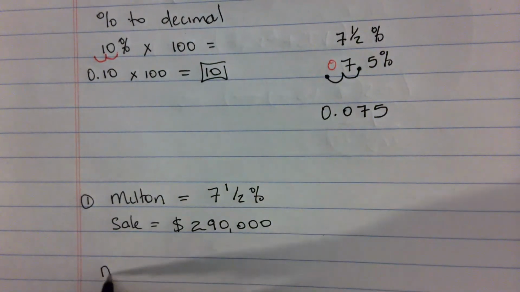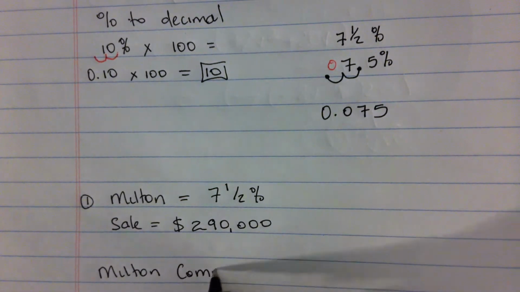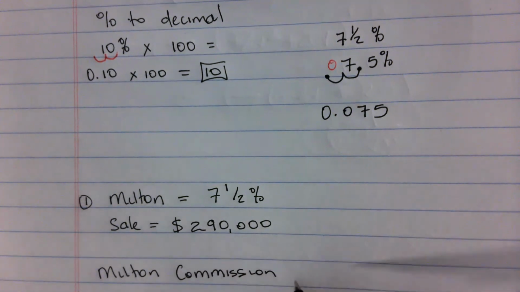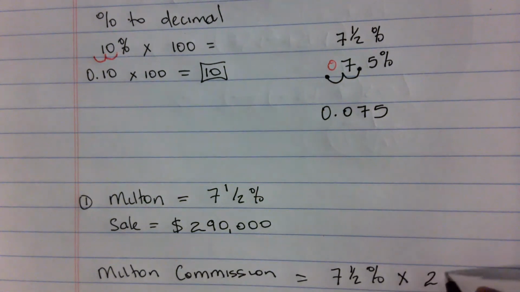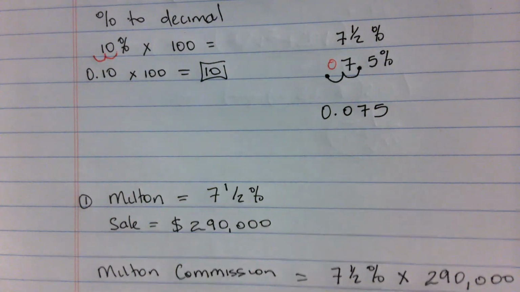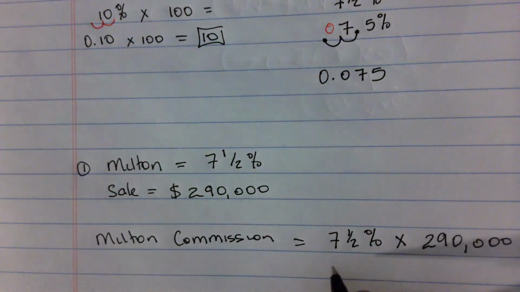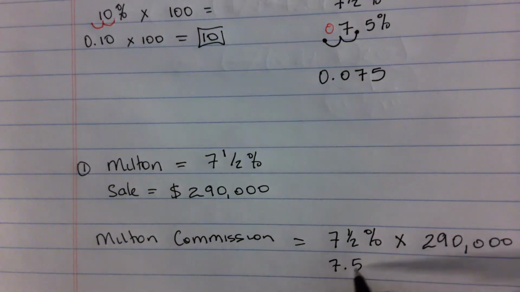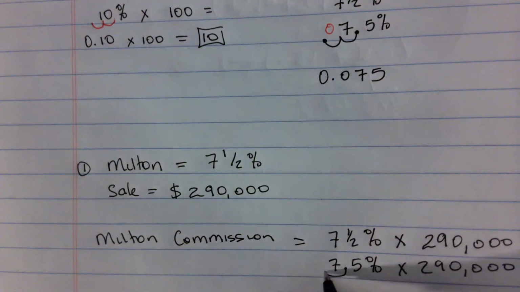So I'm going to say Milton's commission is equal to 7.5% times the total sales, which is 290,000. So now I have to change 7.5% to a decimal. I'm going to move this 1, 2.